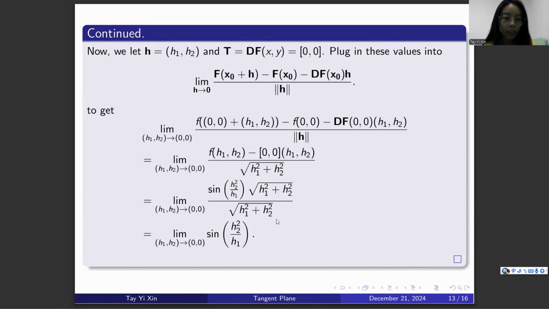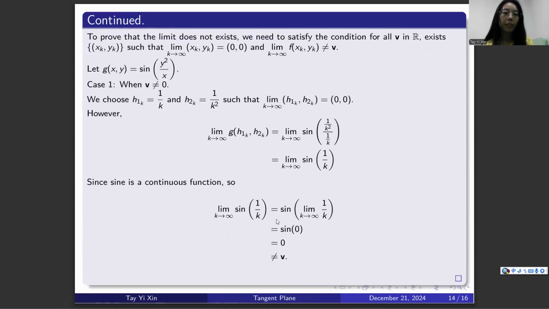And then we find the limit as h approaches 0 of sine h2 squared over h1. To prove that this limit does not exist, we need to satisfy this condition: for all v in R there exist (xk, yk) such that the limit of (xk, yk) as k approaches infinity equals (0, 0), and the limit of f(xk, yk) as k approaches infinity is not equal to v.